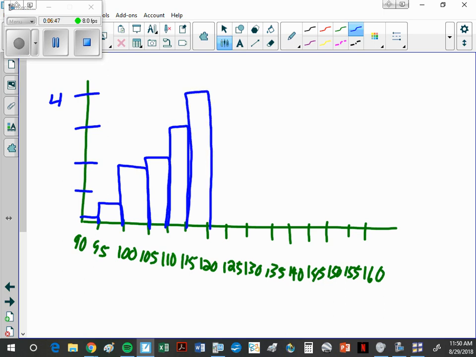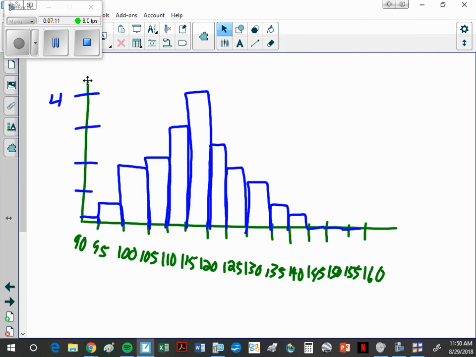Okay. 2.6. 2. 1.6. 0.8. 0.4. And then 0, 0, 0. Okay.